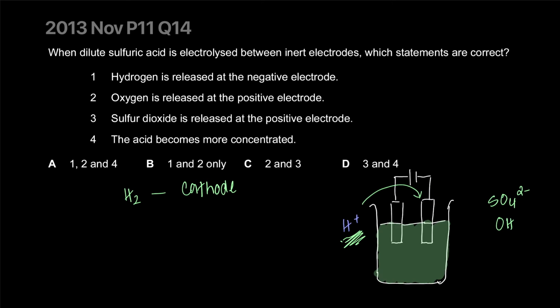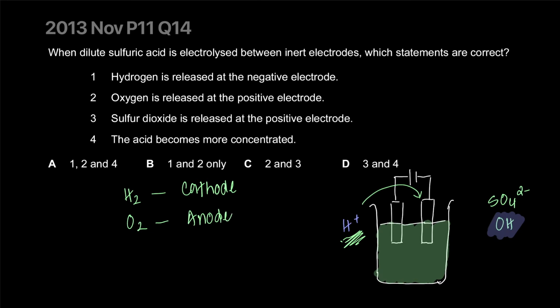And between the two, OH ions will be liberated at the anode. OH ions will discharge, but the reaction ends up producing oxygen gas at the anode, right?